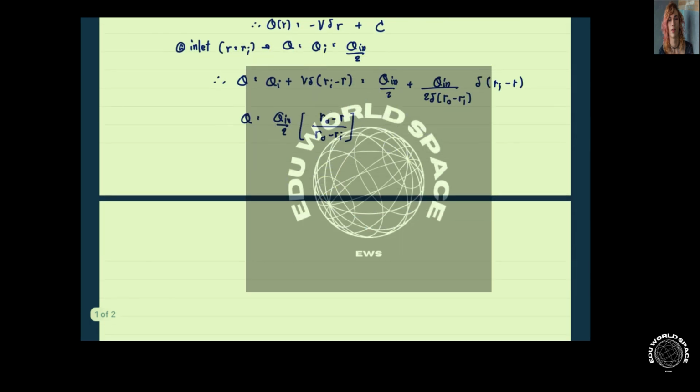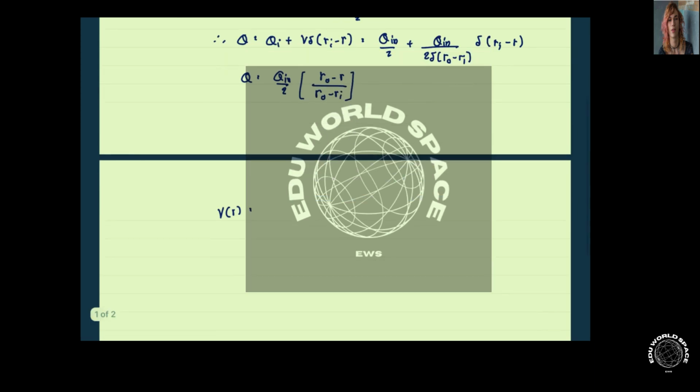And we can find that the water speed is Q over A, and that is Q in over 2A times R0 minus R divided by R0 minus Ri.